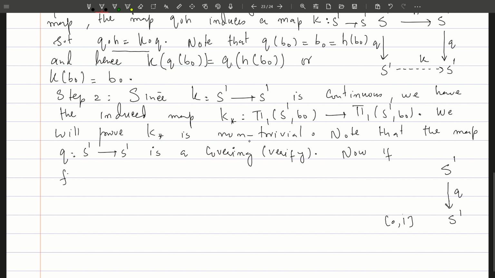So now let f tilde from the interval 0 1 to S1 be a path from b naught to minus b naught. So if this is a circle here, this is a path from this point to this point; this f tilde starts at b naught and ends at minus b naught.